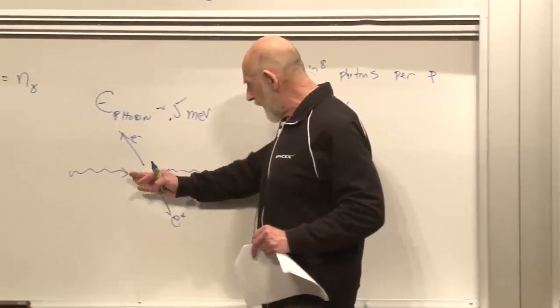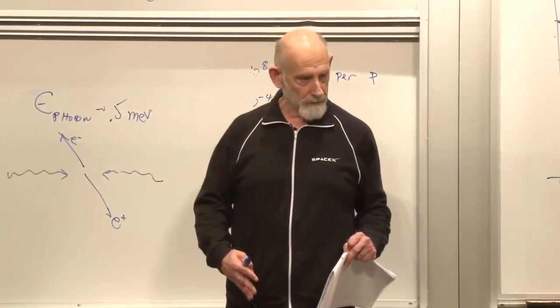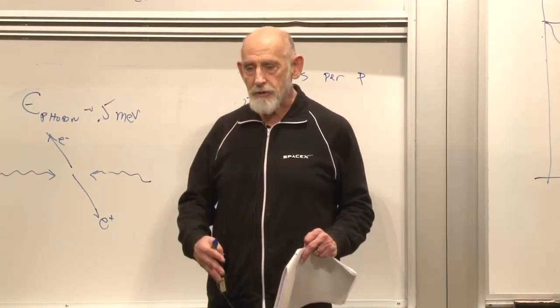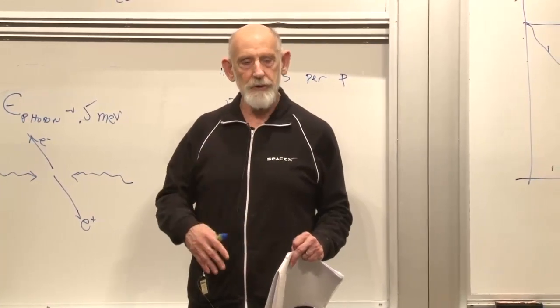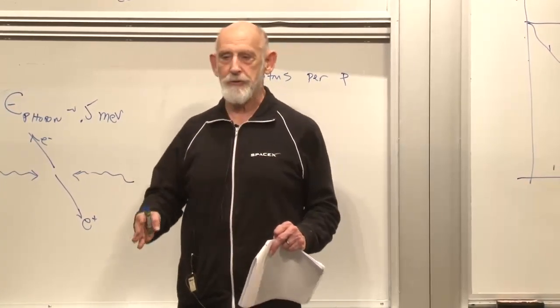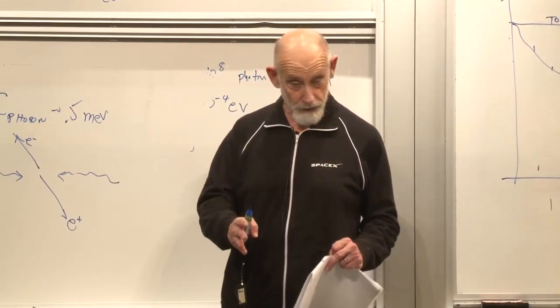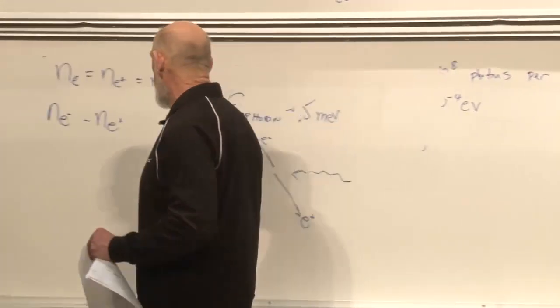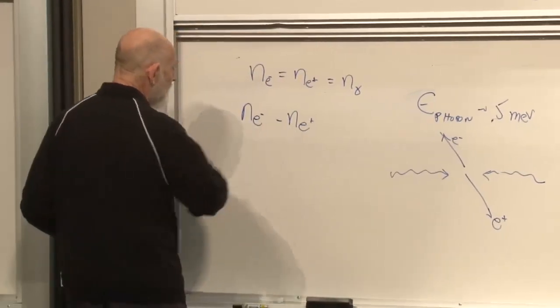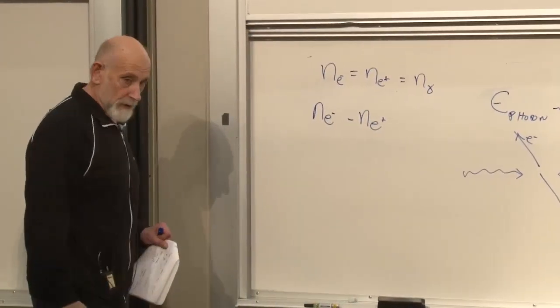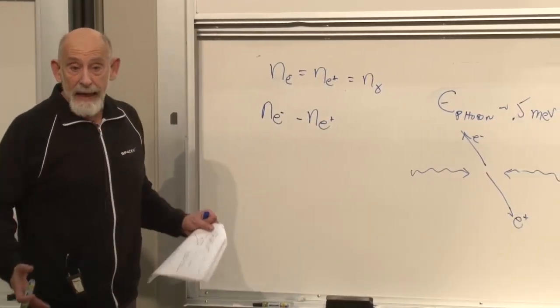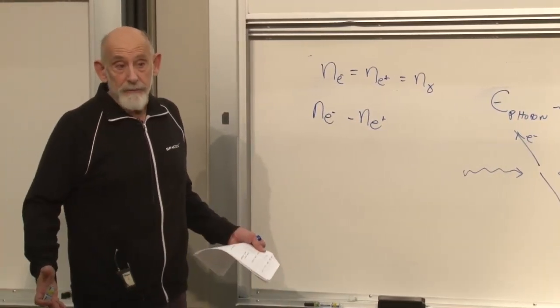When a collision takes place, it creates an electron and a positron. So the electrons plus positrons increase, but the electrons minus positrons, in other words the excess of electrons over positrons, does not change. So the number of electrons minus the number of positrons is basically today's number of electrons.